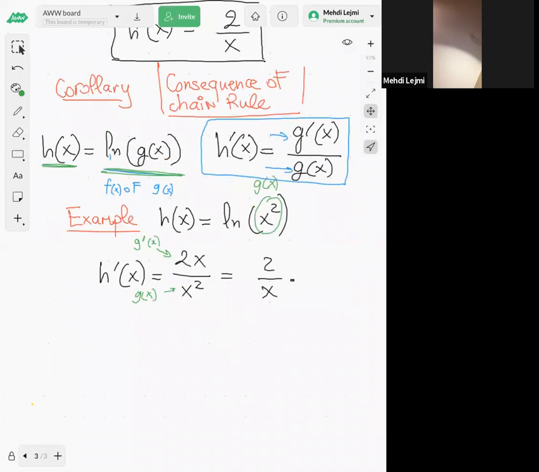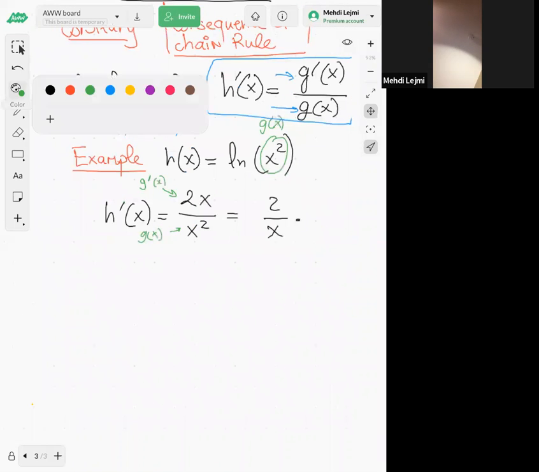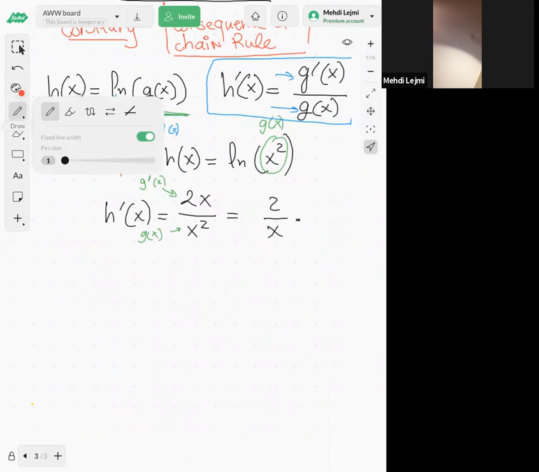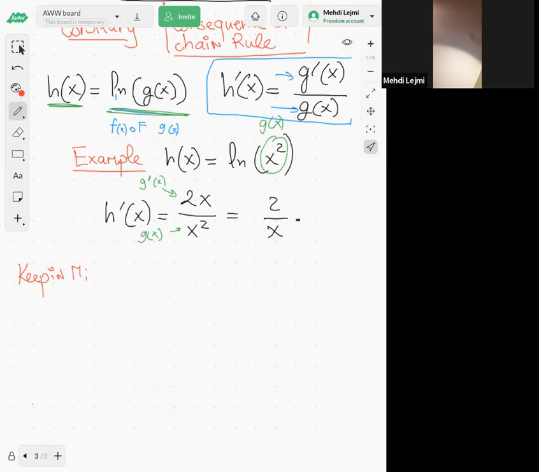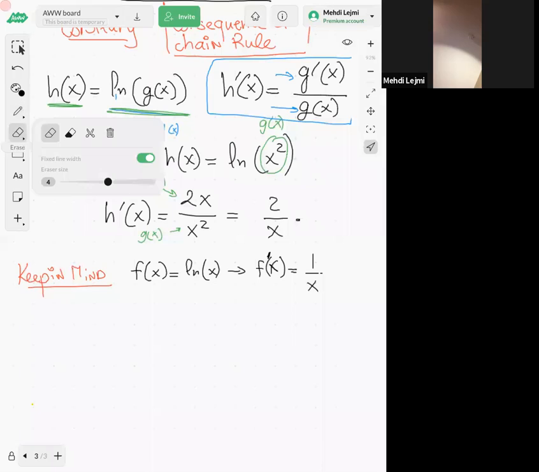Let me write it down for you. If you have f of x equal to natural log of x, then the derivative f prime of x is 1 over x.